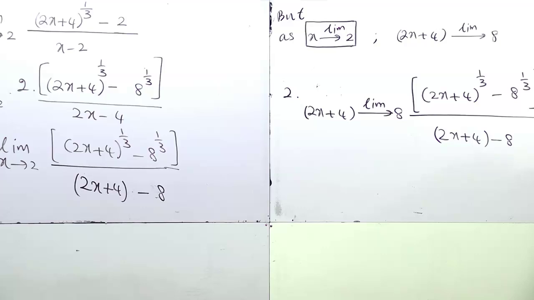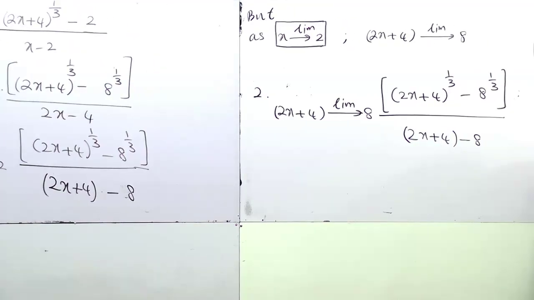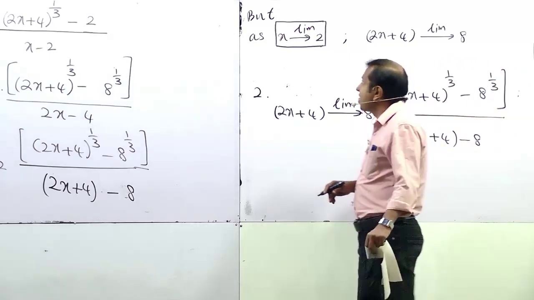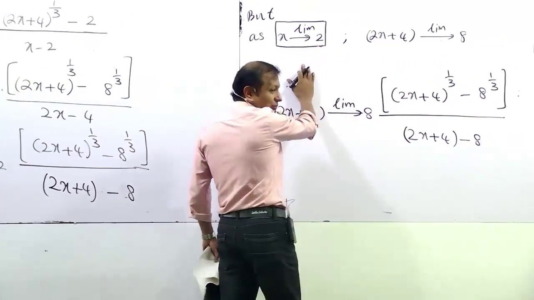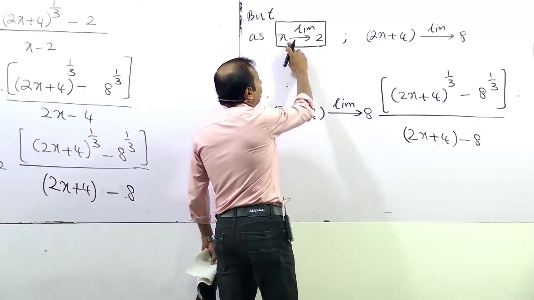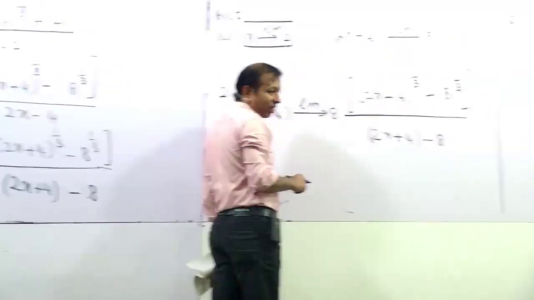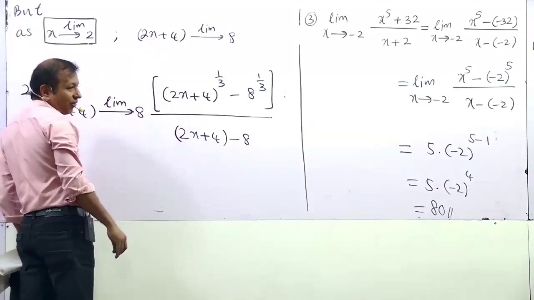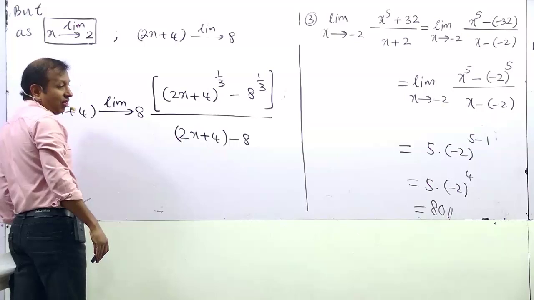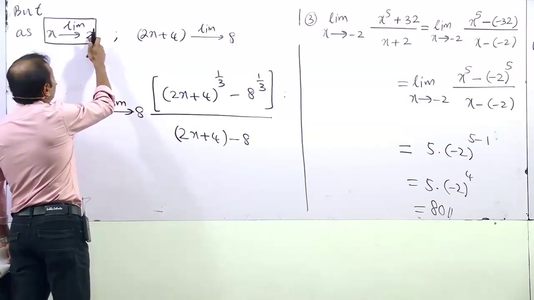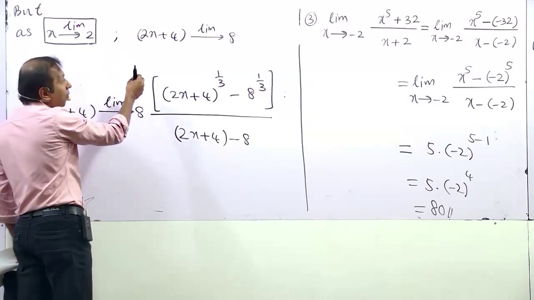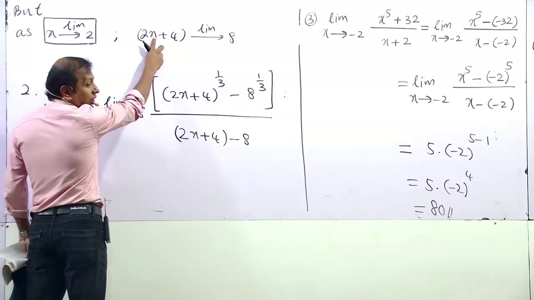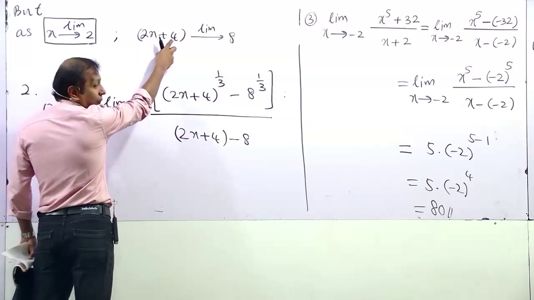Think. Where are the doubts? X going to 2. This x means this x here. Put a value for x close to 2. Guess the value for x. Put 1.5 like this: 2 into 1.5 plus 4.